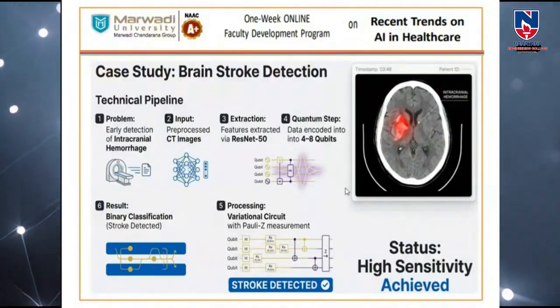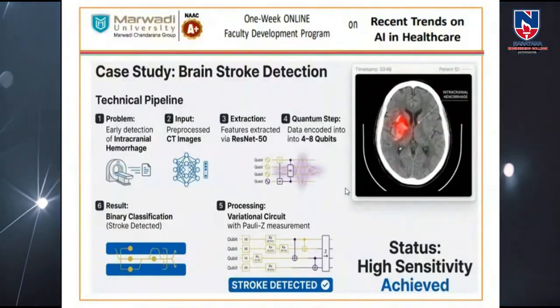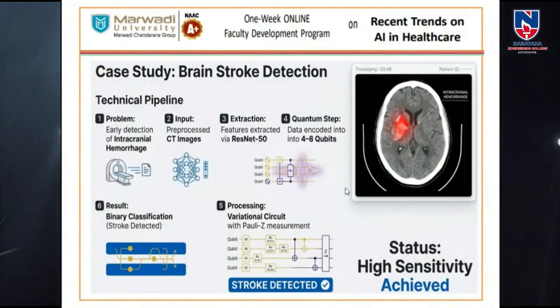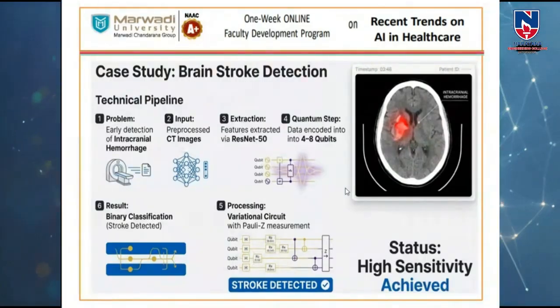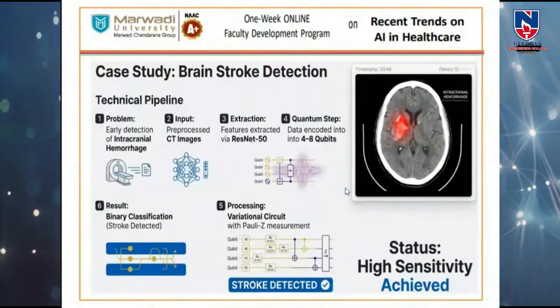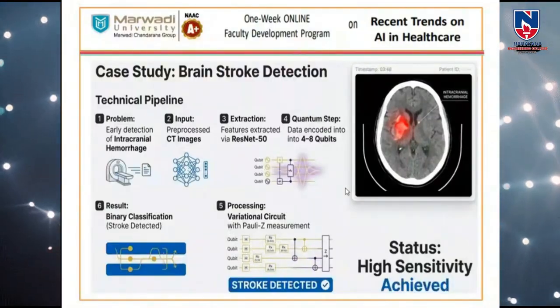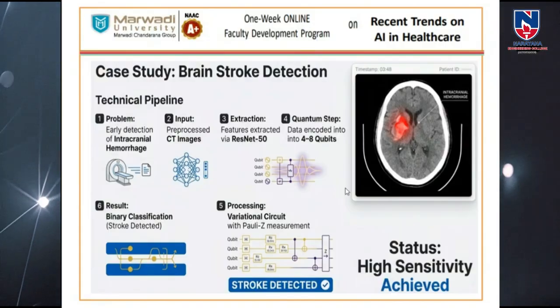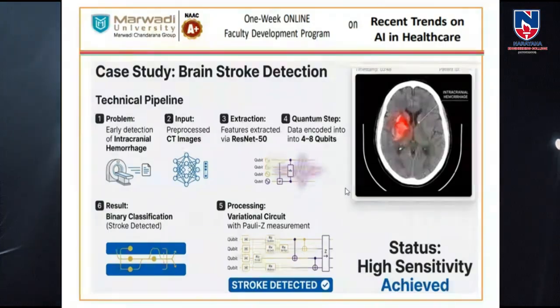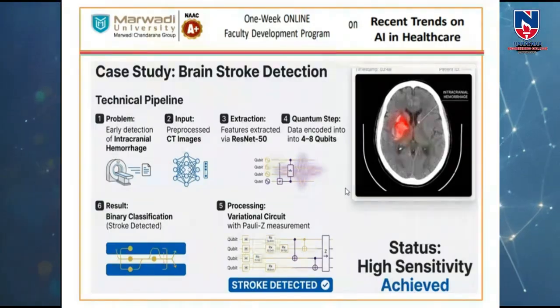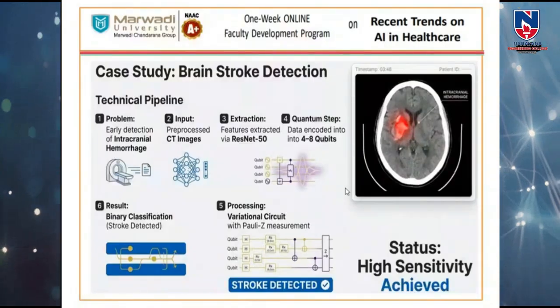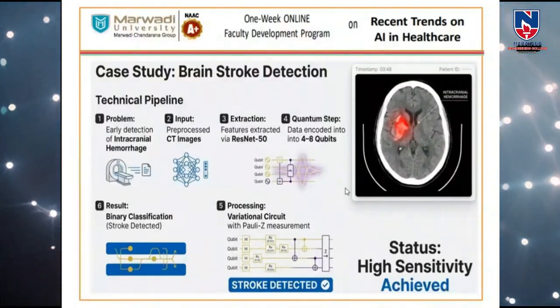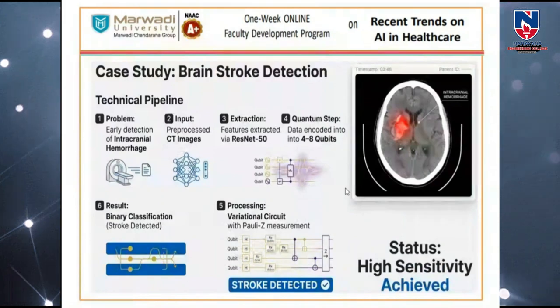I repeat, the huge amount of high dimensional data is converted into low dimensional data by using ResNet and QNN, and that is mapped with the VQCs. As I mentioned here, I encode into 48 qubits only. To the best of my knowledge, as of today, people are working with a maximum of 16 qubits. Still, it is a simulation model.